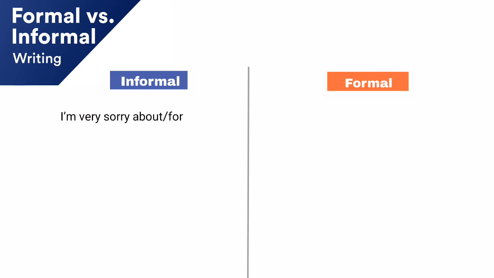At the same time, in a formal way, I would say, please accept my sincere apologies. See the difference between the sentences. I'm sorry about, I'm very sorry about, or here, please accept my sincere apologies. These two sentences have the same meaning, same feeling, everything is the same. Just the way to express your feelings is different. But the meaning is the same, right?